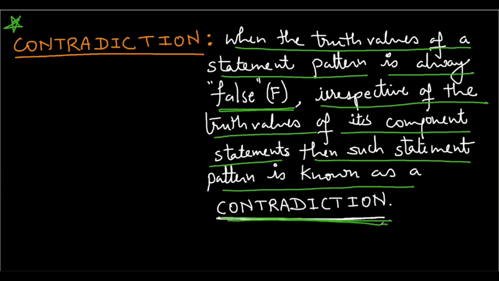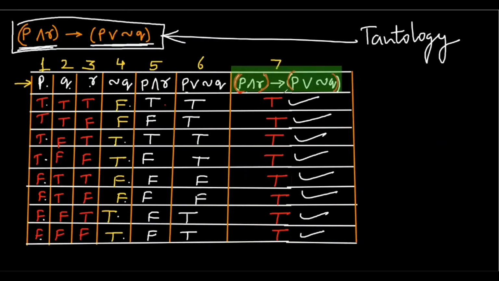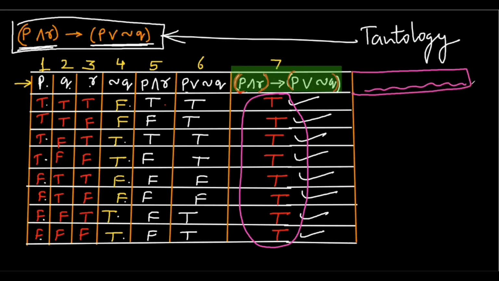What does it mean, students? Think if I had got all F here. It is not F here, right now it is T, but I'm just asking you to assume that you had a statement pattern for which we had obtained all F under its column.